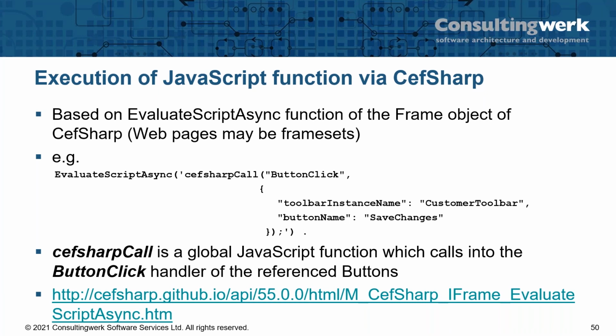And what we do there is we basically tell the web application, well, look for a toolbar called, for instance, customer toolbar, and then execute the same event handler as when the user within the web page would be clicking the Save Changes button. This CefSharp call function there is a JavaScript function which we have implemented for our own purpose. So we have complete control over what it does.